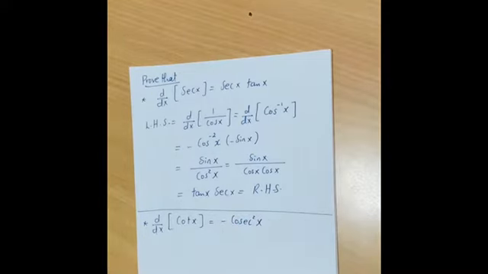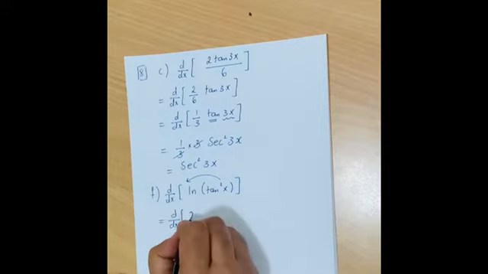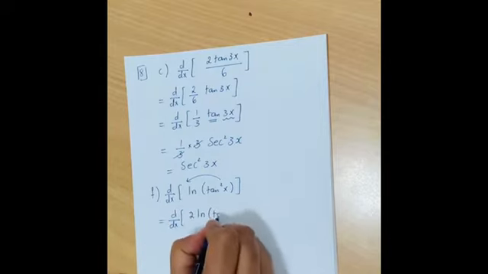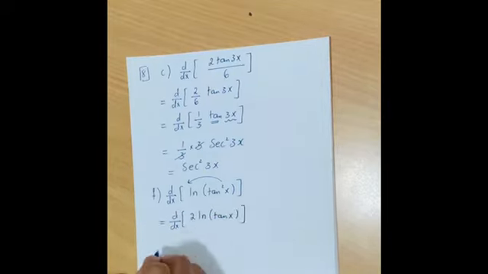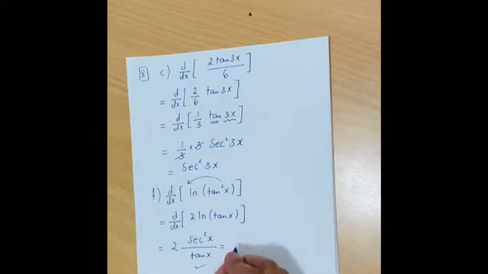So it's d by dx of 2 ln of tan x. Keep the 2 as it is and start to differentiate. The derivative of the ln is sec squared over tan x. You can keep the answer in this form, or you can simplify it more. Keep the 2 as it is.